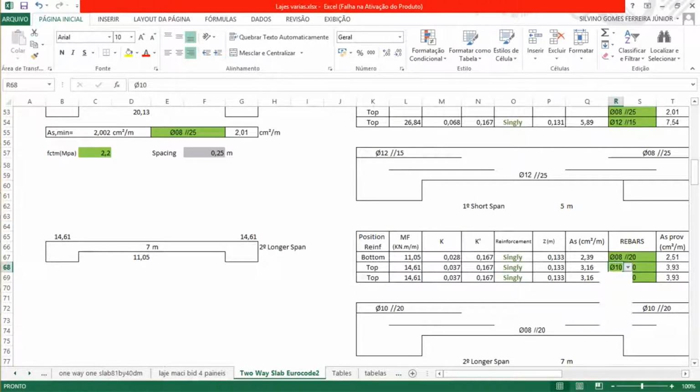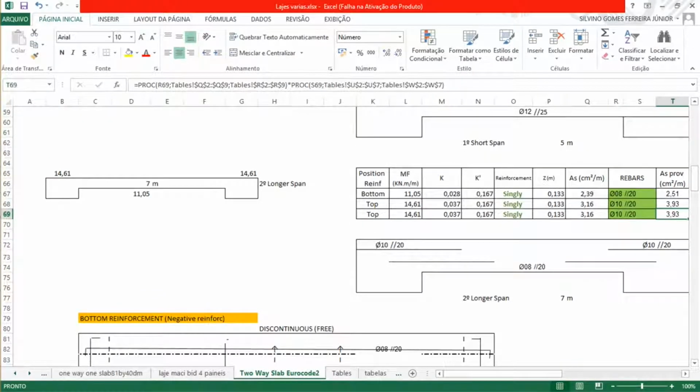And if we use 8, 251, it's not enough for the reinforcement, so this is why we use 10, the 393. Here on the reinforcement top on the other side is exactly the same, so it will be diameter of 10 spaced by 20 cm.